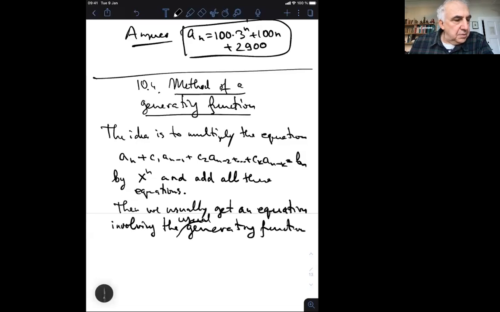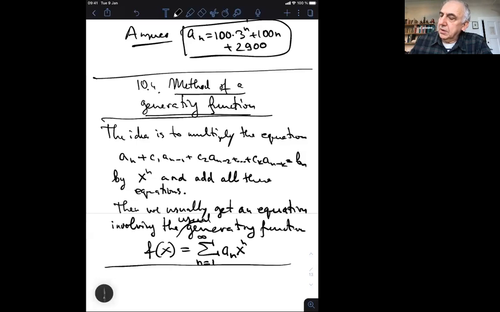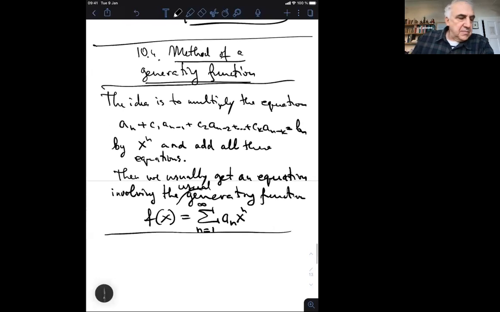We denote it by f(x), which is the sum, say from n equals 1 or from 0, depending on where we start adding, of a_n x^n. So this is the general idea, but let me make a concrete illustration in one or two cases, and I hope it will become clearer what we're doing.